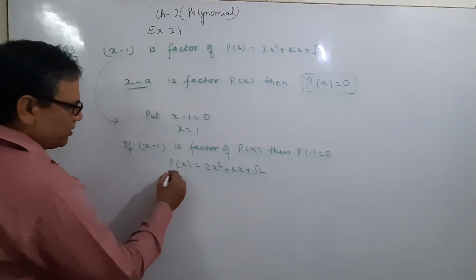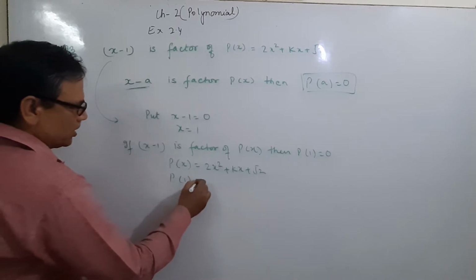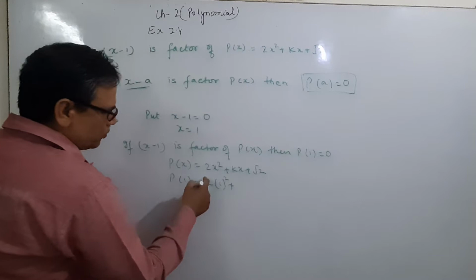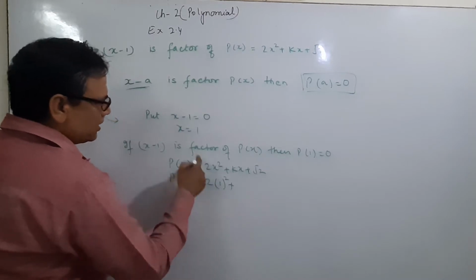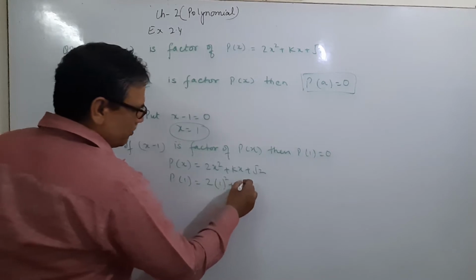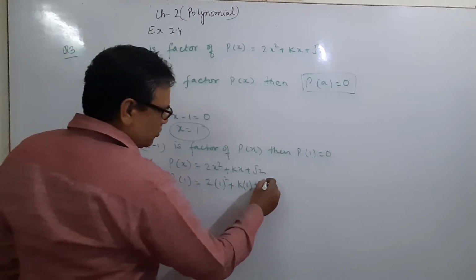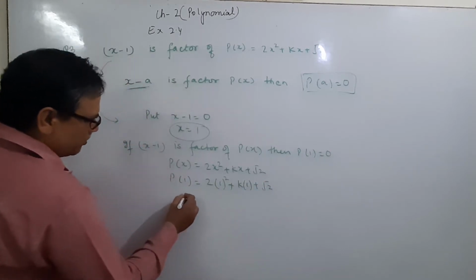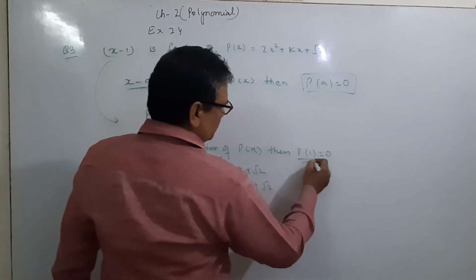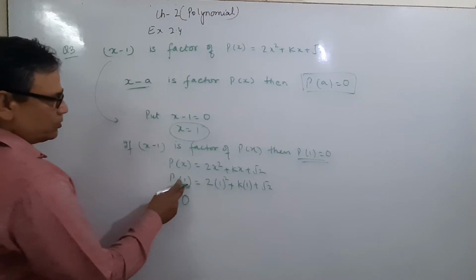Now p(1) equals 2 times 1 square, here x is equal to 1, plus k times 1, plus root 2. P(1) equals 0. Why will p(1) equal 0?